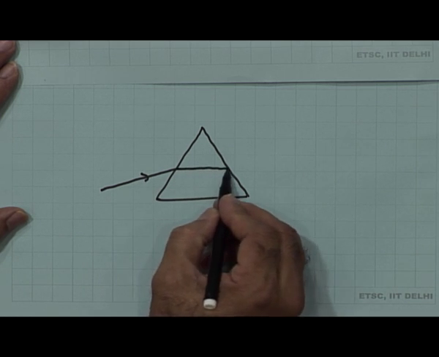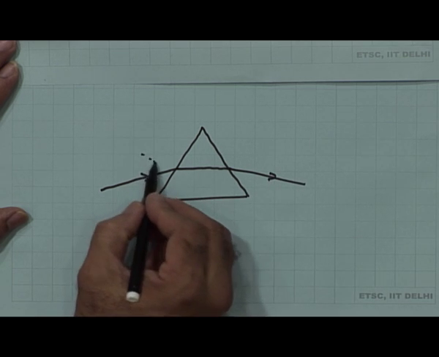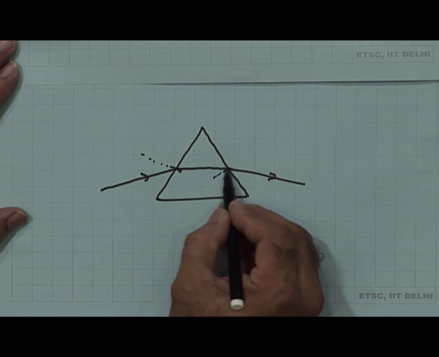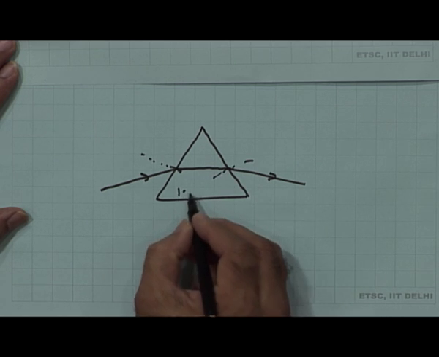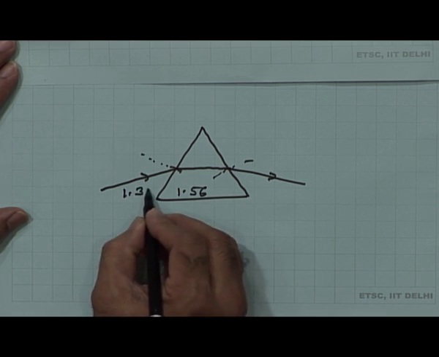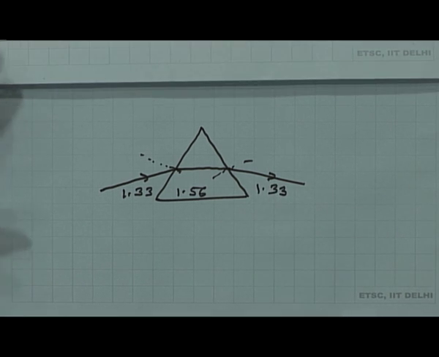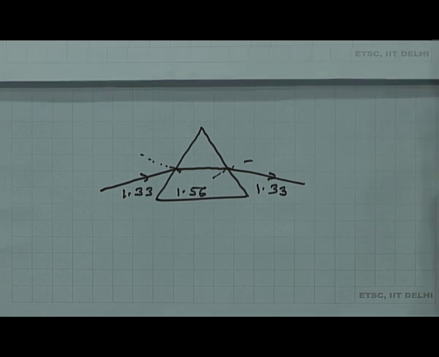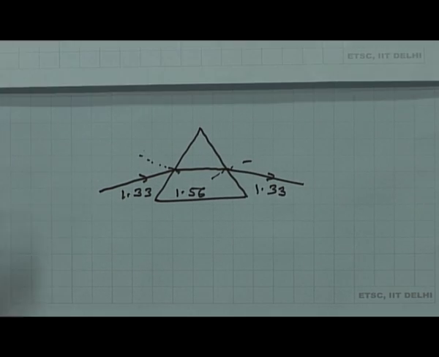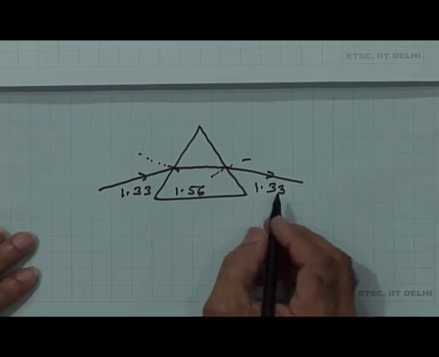Everything remains the same except that the prism is still 1.56, but the outside medium is 1.33. All other things remain the same. If the prism is immersed in water, what would be the angle of minimum deviation? So, now how do we go about this?